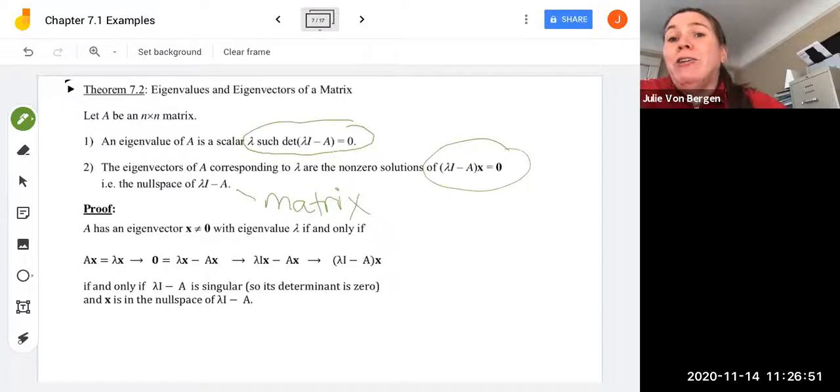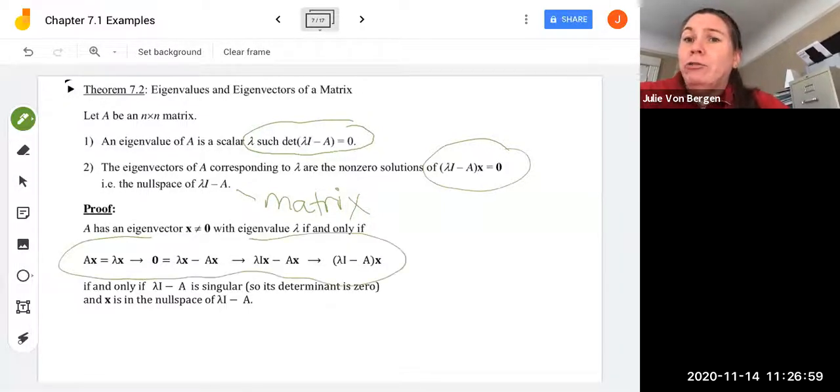A has an eigenvector X not equal to 0 with eigenvalue lambda if and only if AX equals lambda X, which following the calculations we did earlier leads us to 0 equals lambda X minus AX, which is the same as lambda I multiplied by vector X minus AX equals 0, which leads to lambda I minus A multiplied by vector X equals 0, if and only if lambda I minus A is singular, meaning its determinant is 0, and X is in the null space of lambda I minus A, because that's the only way we're going to get 0 here.